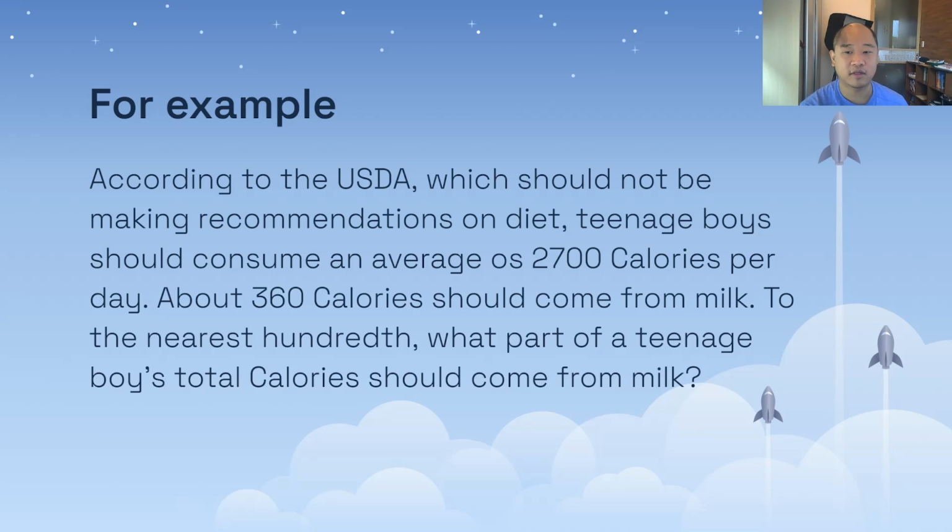All right, so let's look at some real world examples. According to the USDA, I'm just going to take a second to talk about this. The USDA is the United States Department of Agriculture. And they're in charge of farming, forests, and livestock.